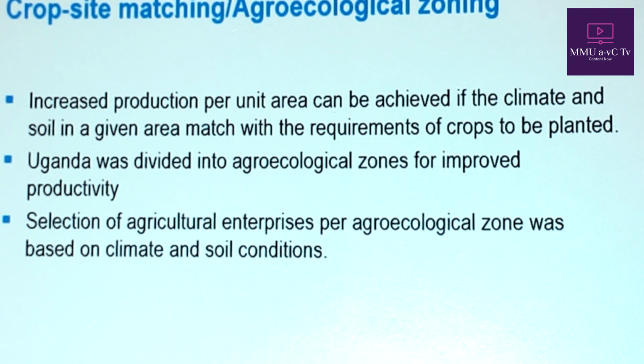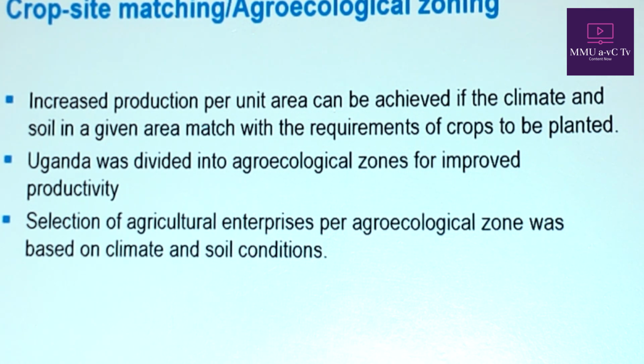The other practice that in agroecology is very important, as we have been saying in the past, is that the crops or enterprise has to match with the conditions. So increased production per unit area can be achieved if the climate and soil in a given area match with the requirements of crops to be planted.